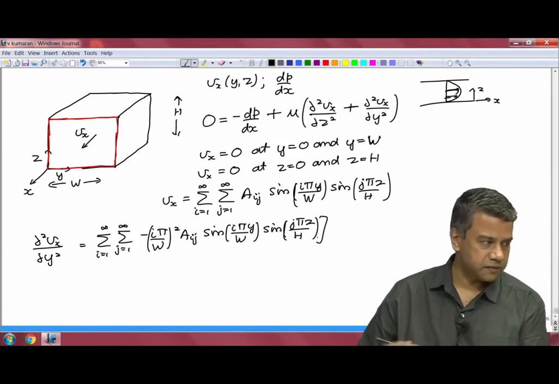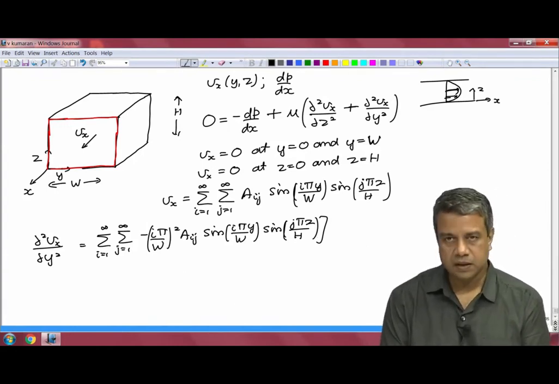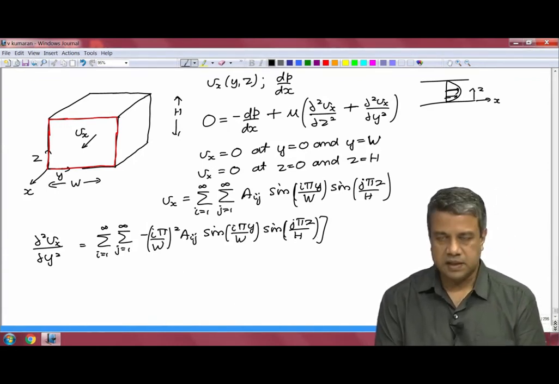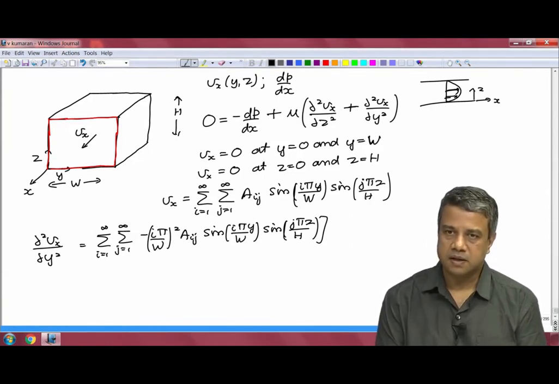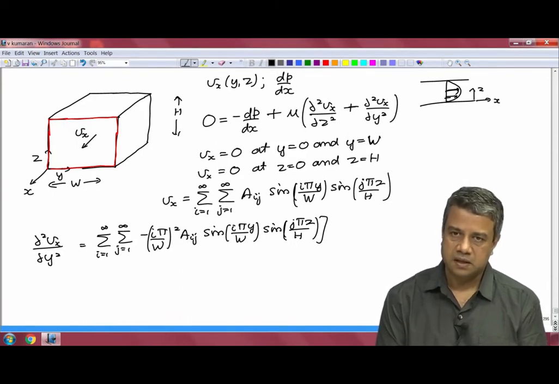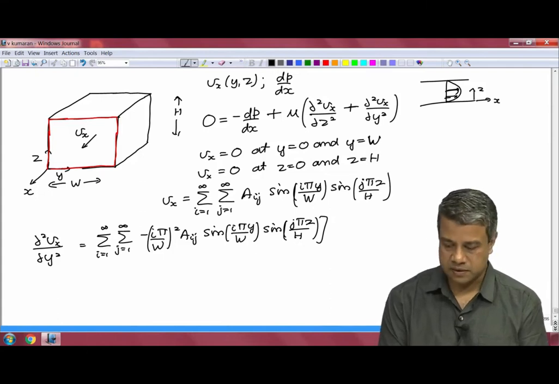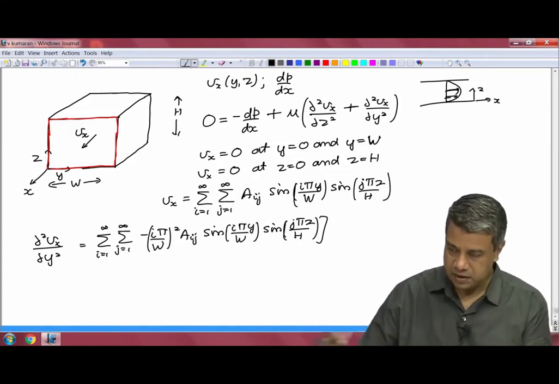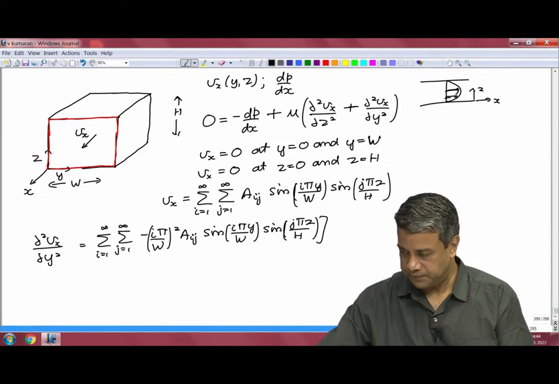You can easily see this by taking the two derivatives of the sine function. Take the first derivative, you get i pi by w times cos, and the second derivative you get minus of i pi the whole square by w square times sine. So, that is the derivative.